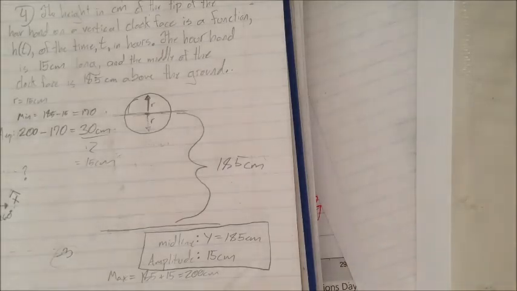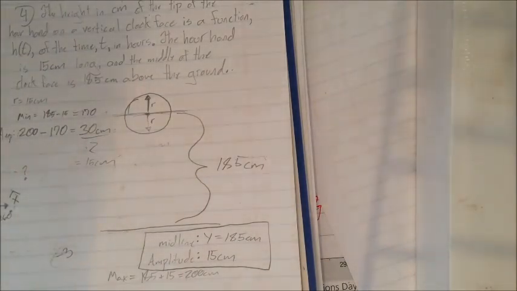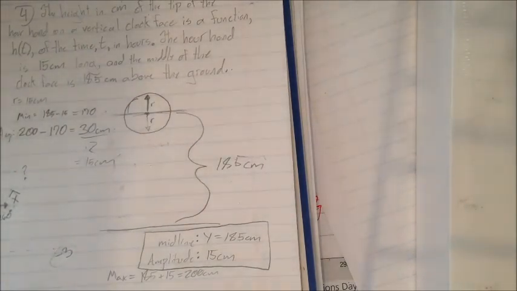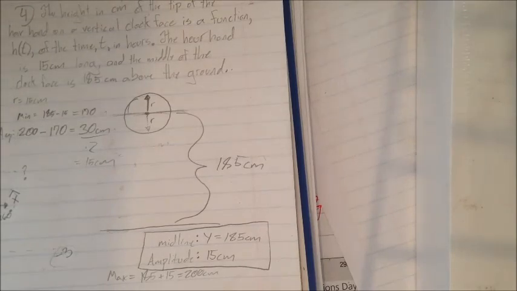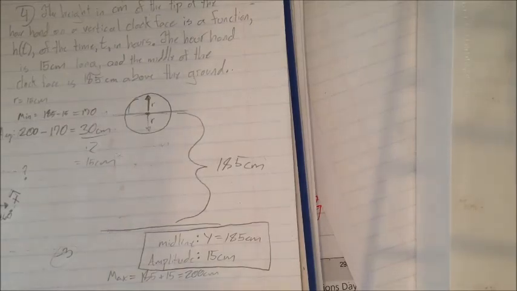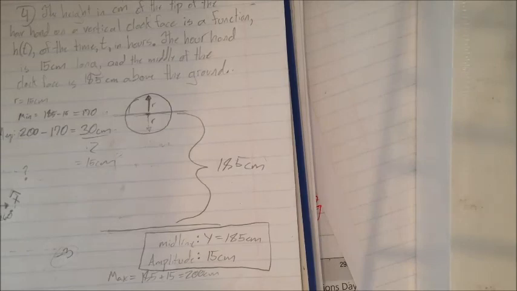Yes, there are units on that, and that makes sense because every y value is in centimeters. So this is our answer. Our midline is y equals 185 centimeters, and our amplitude is 15 centimeters.